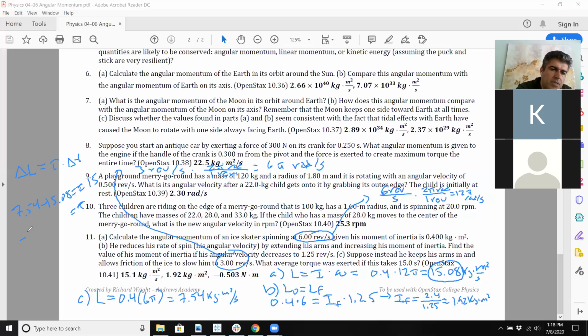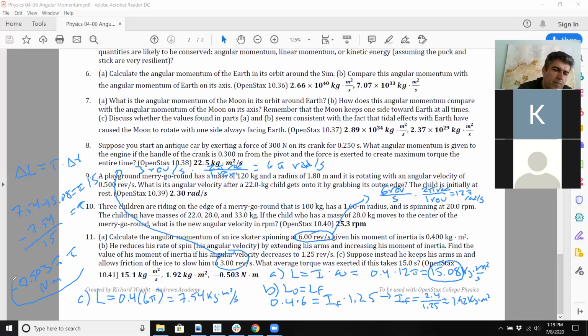So it's going to be negative 7.54 times 1 divided by 15. Yeah, you get -0.503. So I think those problems are more reasonable. I don't know what happened in 10, but the units are Newton times meter.